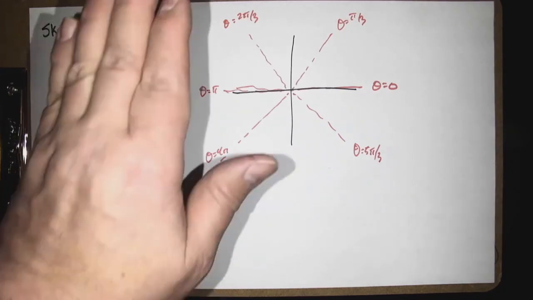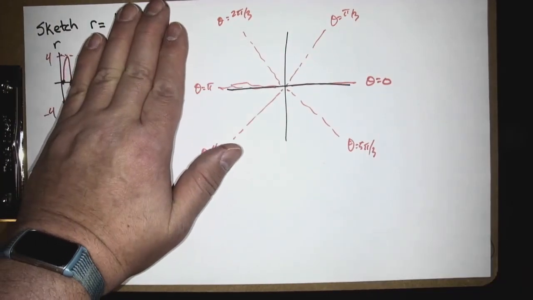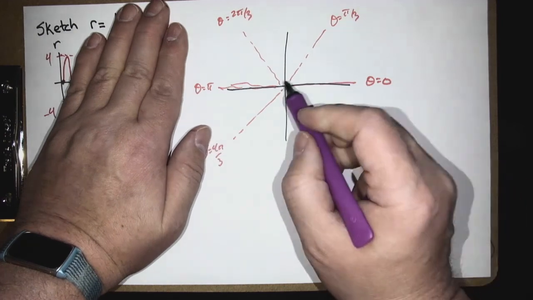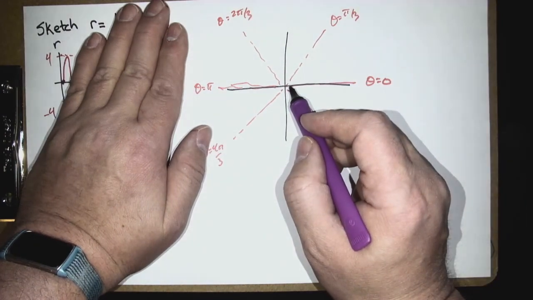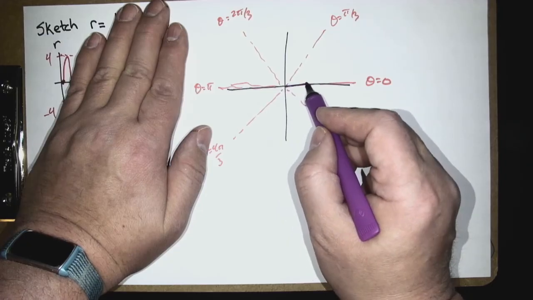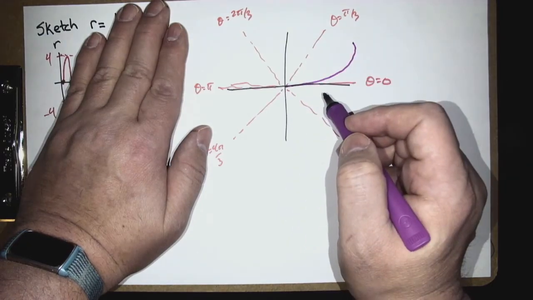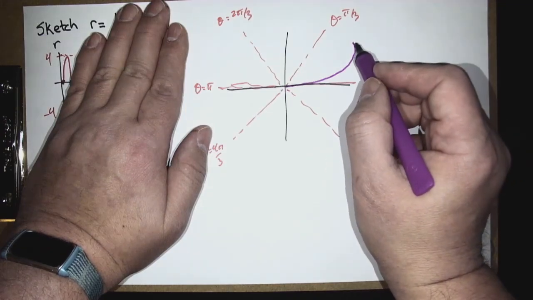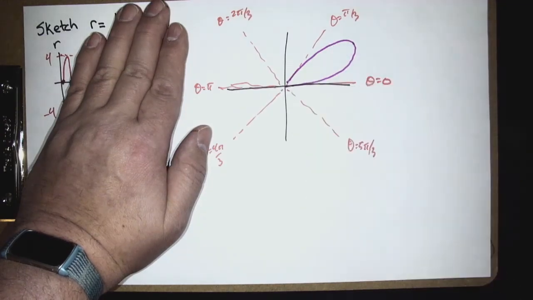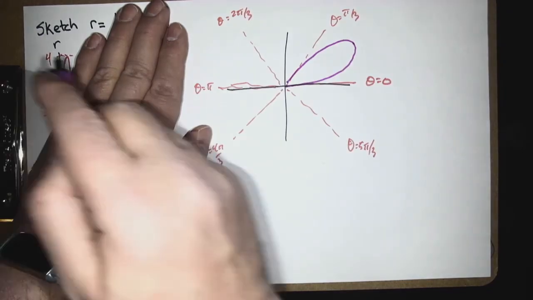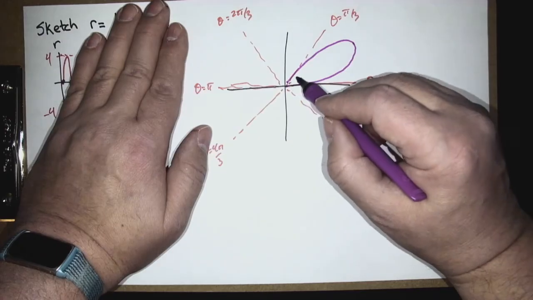Now, let's just talk about this segment right here. From 0 to pi over 3. We start at 0, then we do what? We go out, and then we go in. Right? Because that's telling us start at 0, go out. In fact, this is at a distance of 4 here.